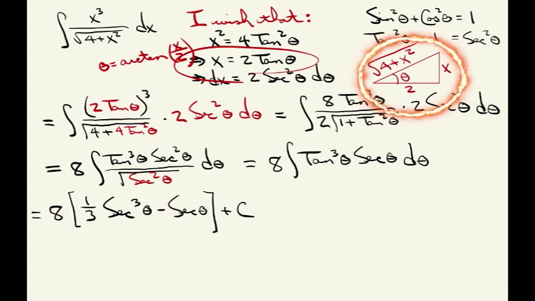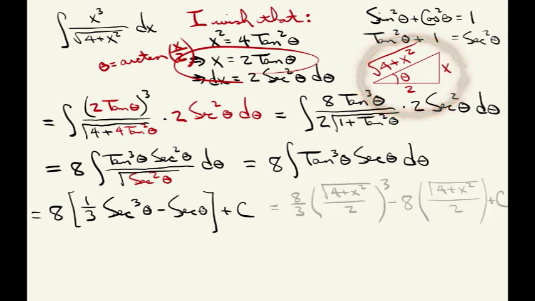Substituting this expression in place of secant theta and multiplying through by 8 gives 8/3 times the quantity square root of 4 plus x squared over 2, cubed, minus 8 times square root of 4 plus x squared over 2, plus c.